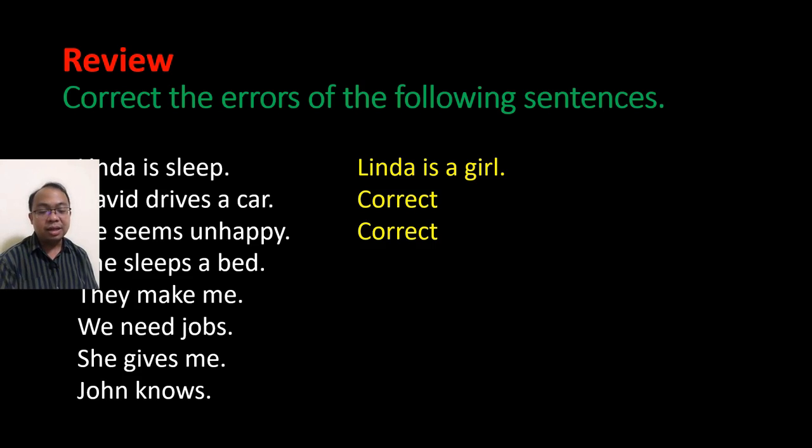Sleep is an intransitive verb, and it has got full meaning by itself already. If it has full meaning already, what is the use of keeping a bed right after it? No need, so just take it away. And then the correct statement will be: she sleeps. Just take a bed away, and then we have got a new sentence which is grammatically correct.